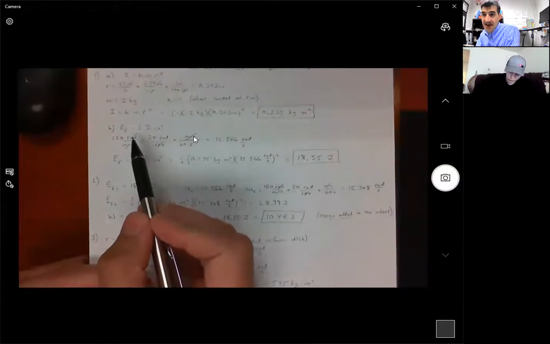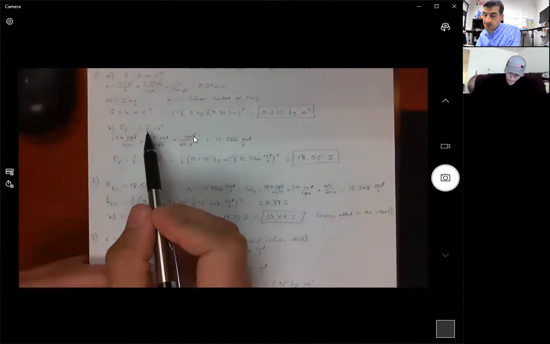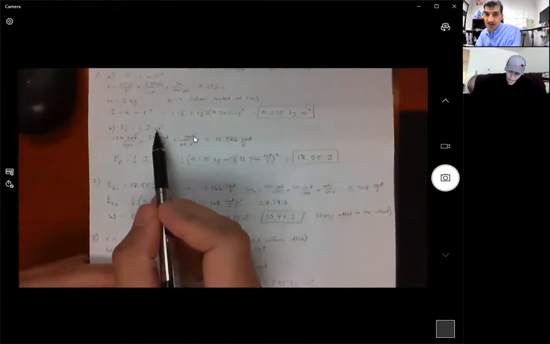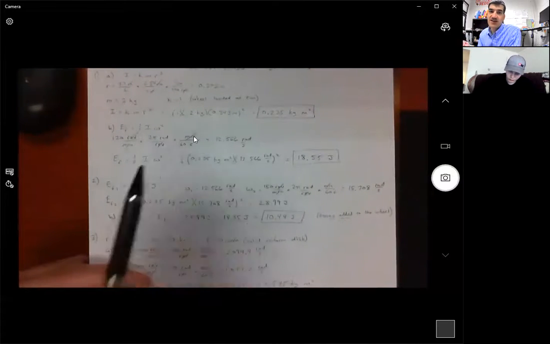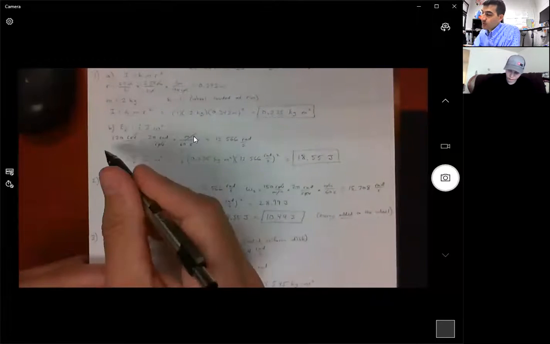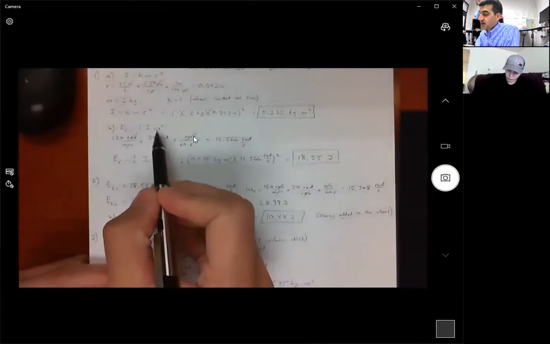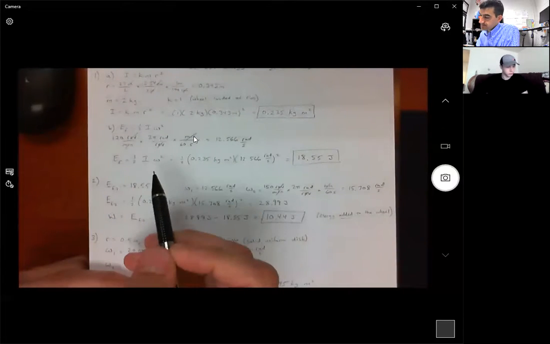Instead of mass in 1/2 mv squared, we have the moment of inertia. And instead of just straight velocity, we have the angular velocity, and we square it just like in the other equation for kinetic energy. So our equation is 1/2 times I, moment of inertia, times angular velocity squared.